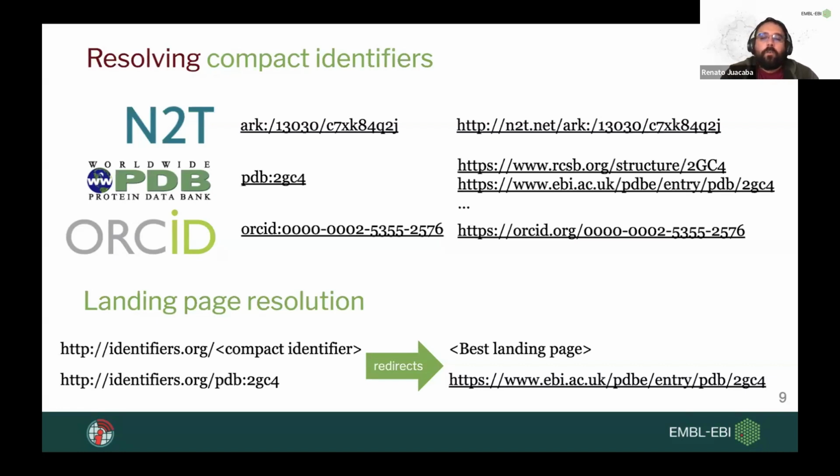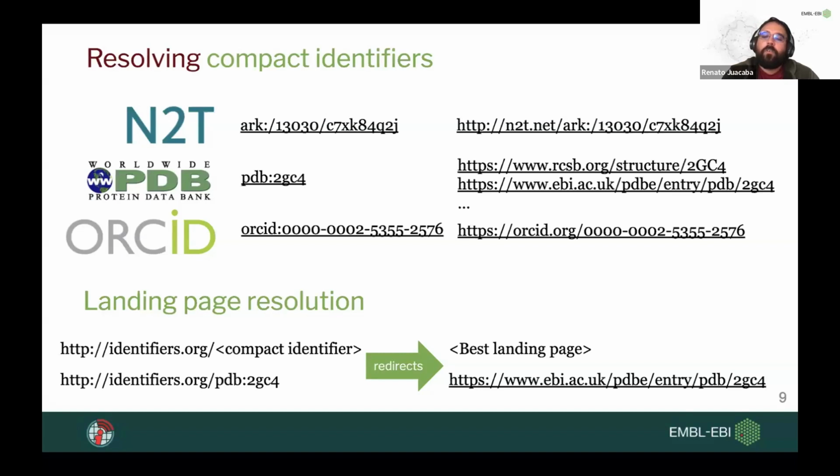And same for ArcID, which is actually a resolver in itself. So that's also available through the ArcID prefix. And you can use actual identifiers.org URLs for this. So if you put identifiers.org/the compact identifier, it's going to automatically redirect you to the best landing page.